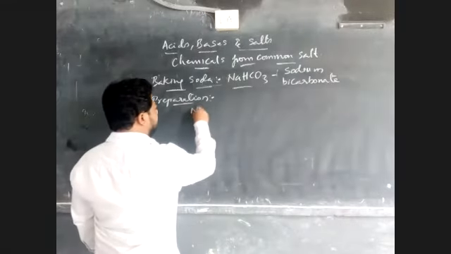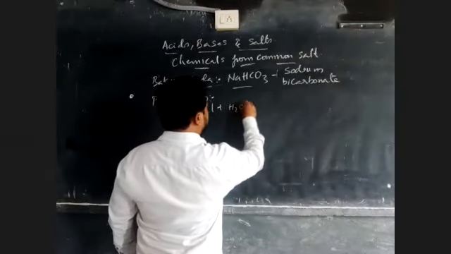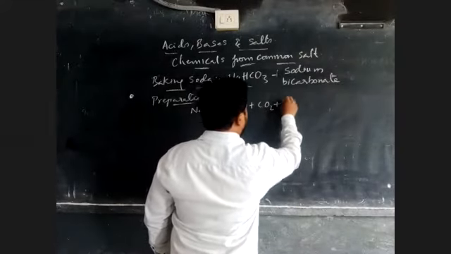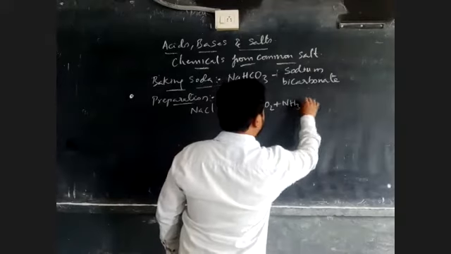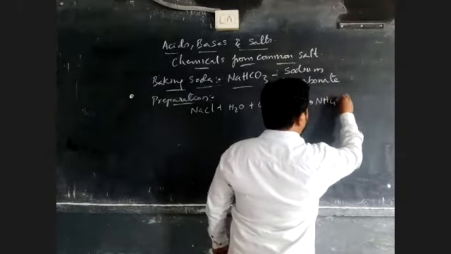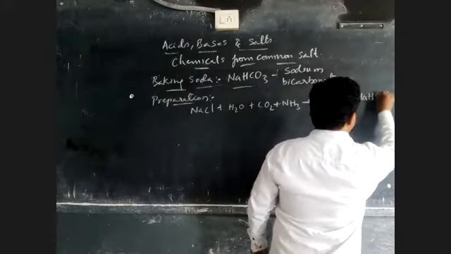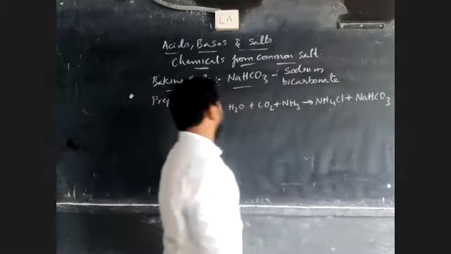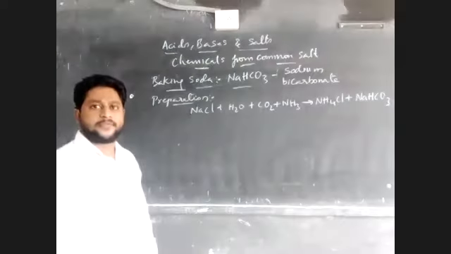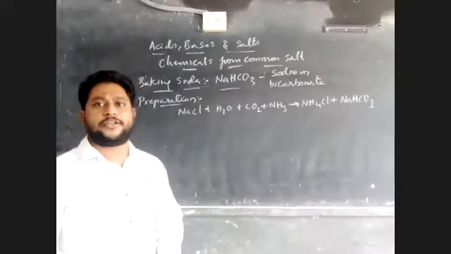When NaCl reacts with water, carbon dioxide, and ammonia, it forms NH4Cl and NaHCO3. So this is how the reaction is going to take place.